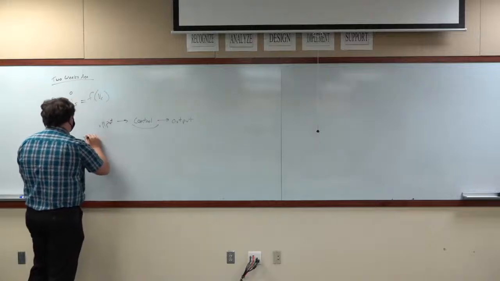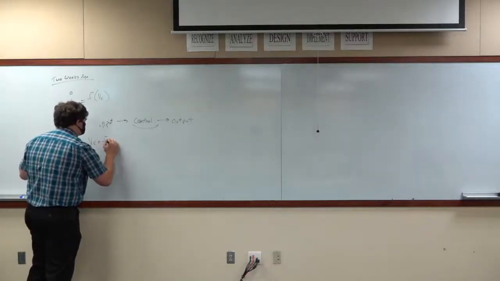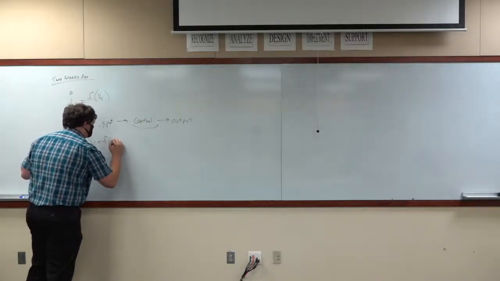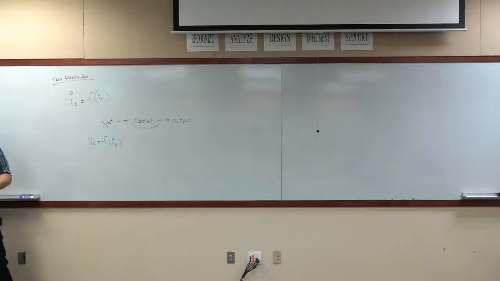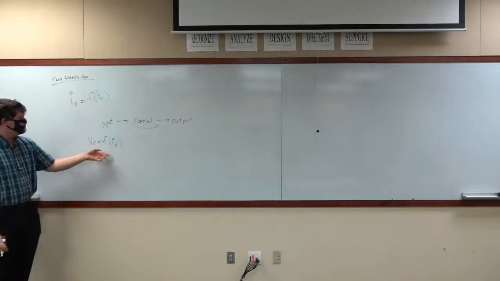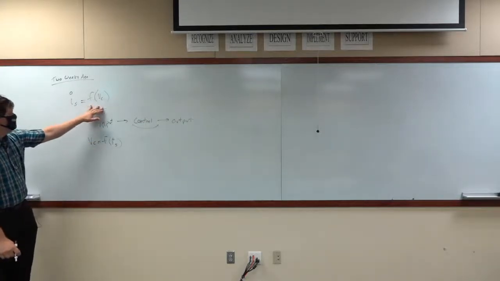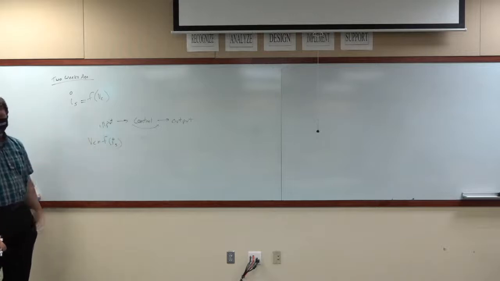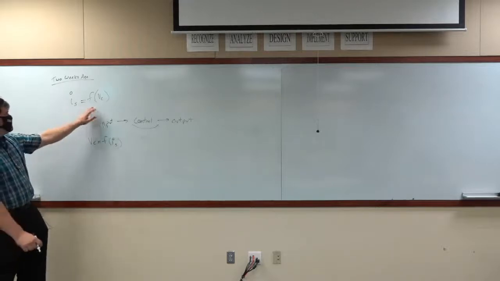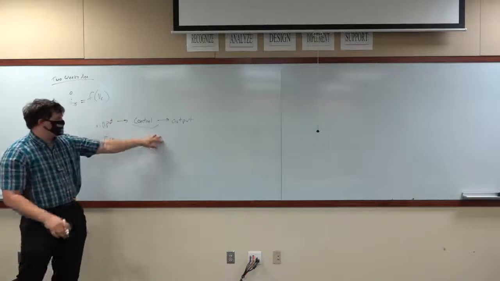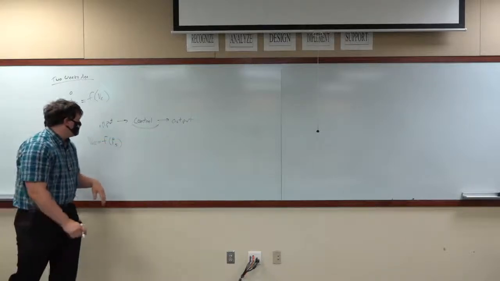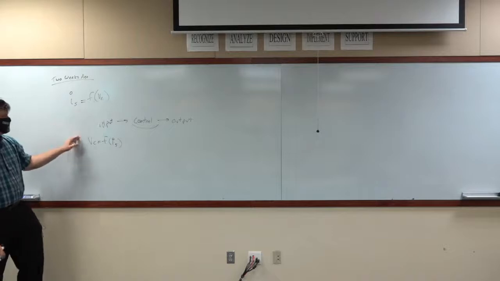What we're looking for is VC is equal to some function of the input. But the issue is we don't really know how these two correlate. But if we did know how these two correlated, and if we did know ultimately what this control was, we could figure out this relationship a lot easier.